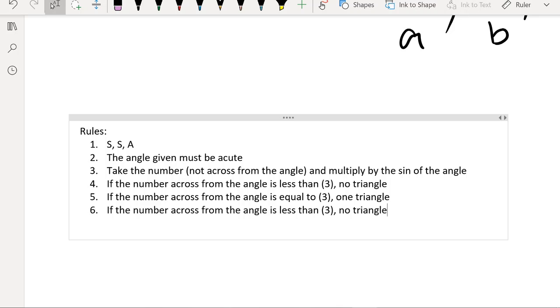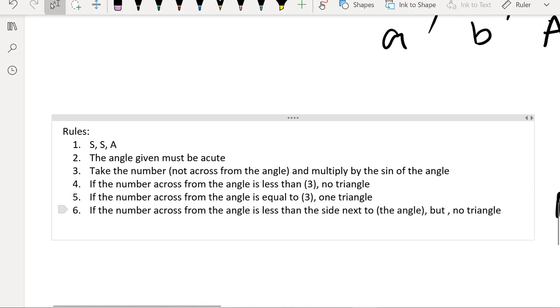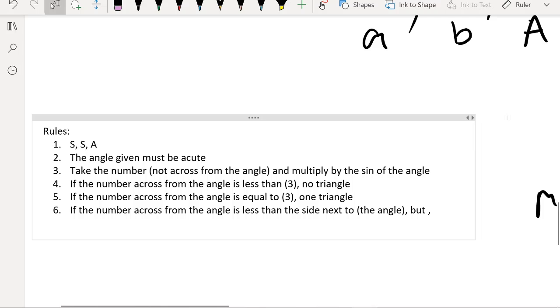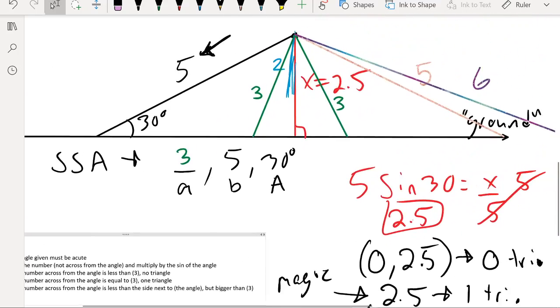If it's more, so if the number across from the angle is less than the side next to the angle, but bigger than the side across, then the number across is less than the side next to the angle. In this case, it was the 5 number.